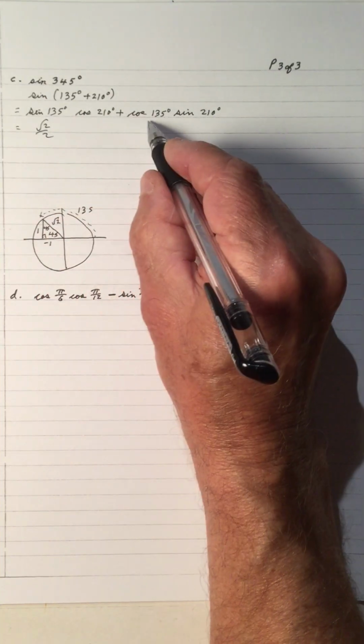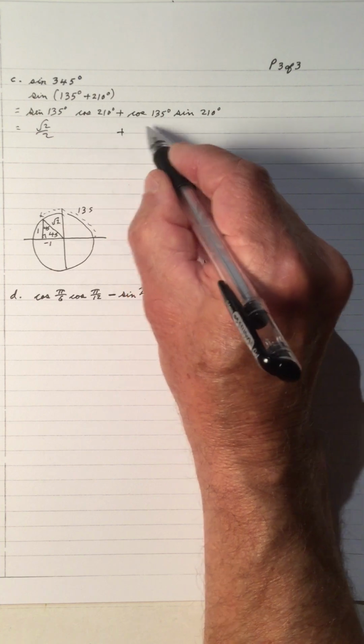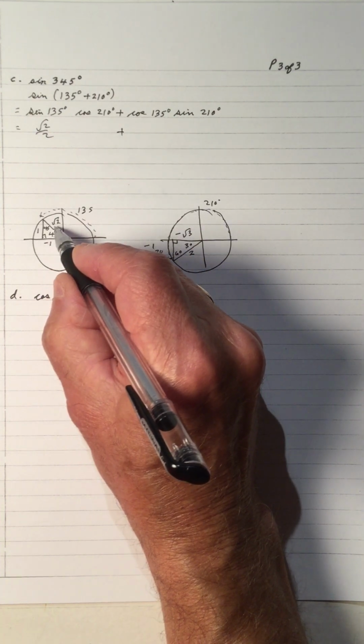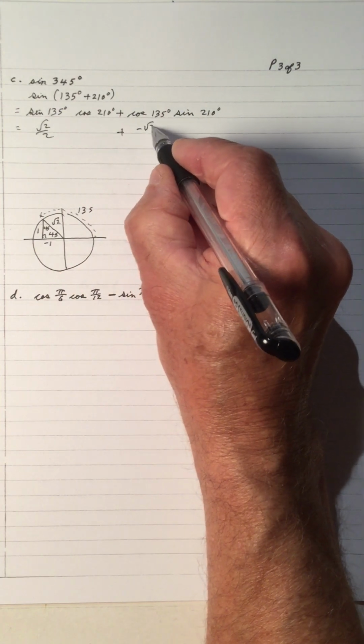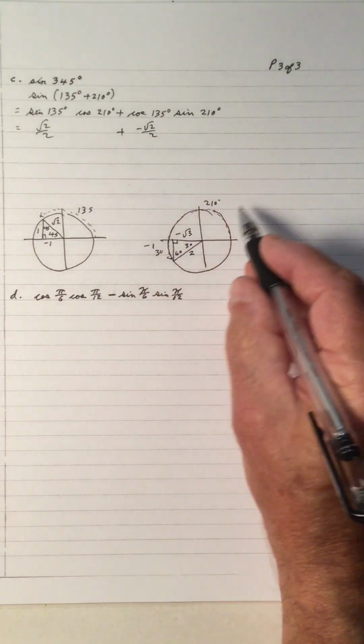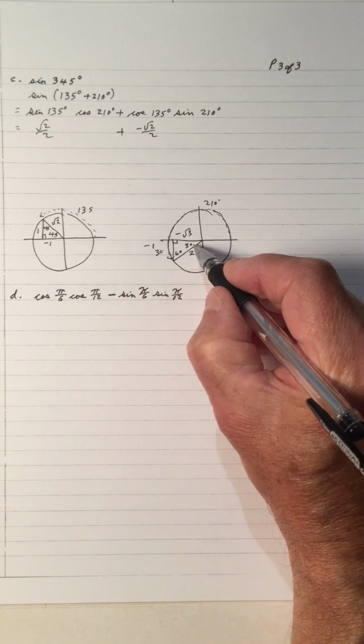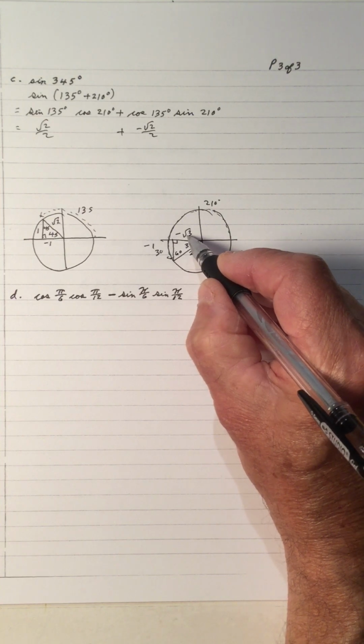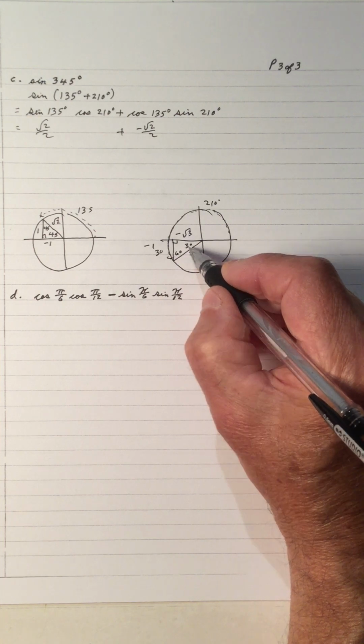The cos of 135, cos is adjacent over hypotenuse, is a negative 1 over root 2, which is a negative root 2 over 2. We got 210. The cos of 210 is the cos of this 30. Cos is the adjacent over the hypotenuse, so it's a negative root 3 over 2.